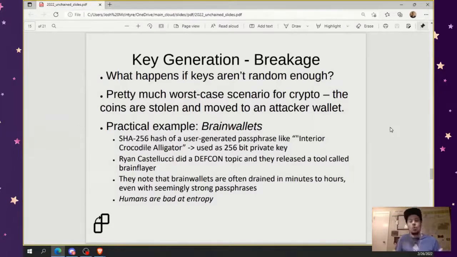There's a whole network of attackers that do nothing but try to crack brain wallets and race to steal the coins in them. It's really important to remember human beings are bad at entropy. Even though we said computers are bad at entropy at the start, we can at least use secure algorithms through computers, but people trying to come up with randomness rarely works out very well.